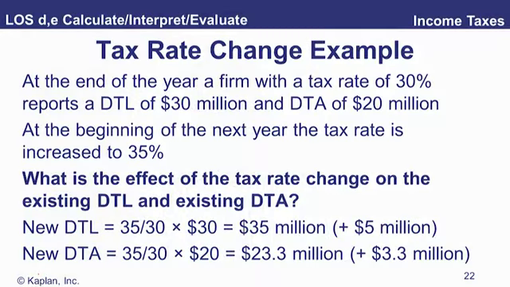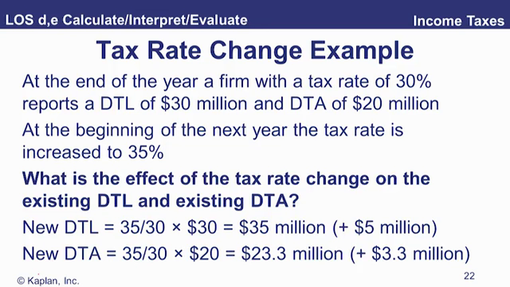So let's have a look at what the new asset and liability should be. Essentially all we've got to do is change the rate from 30 to 35%. You'll see that when we do that, our deferred tax liability is going to increase to 35 million. That's a 5 million increase in our deferred tax liability.